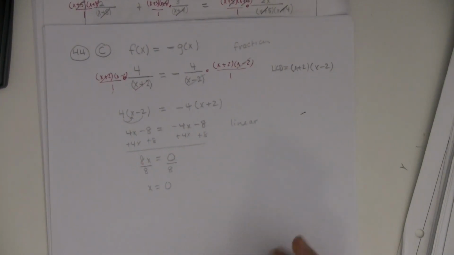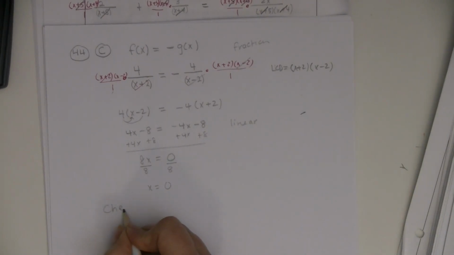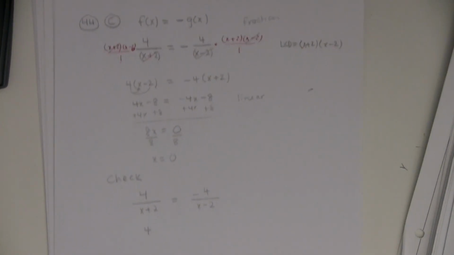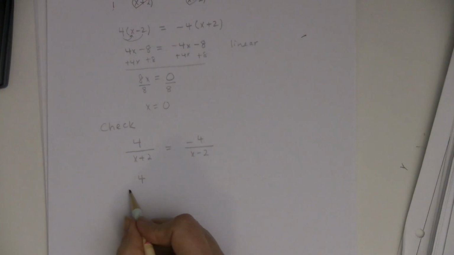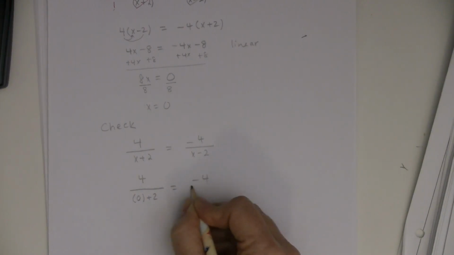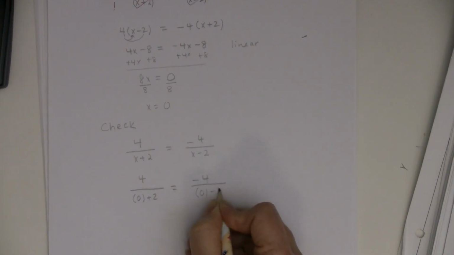And I would want to check my answer. So my original equation was 4 over x plus 2 equals negative 4 over x minus 2. So if you put in 0 for those x's, you're going to get 4 over 0 plus 2 equals negative 4 over 0 minus 2.